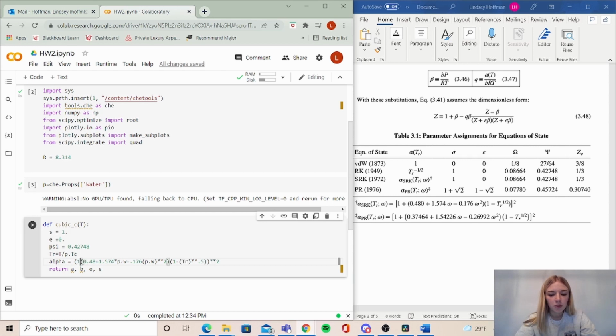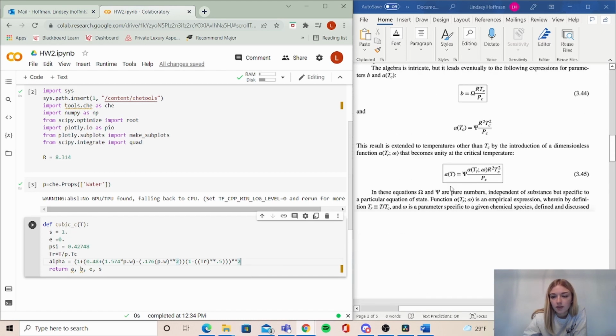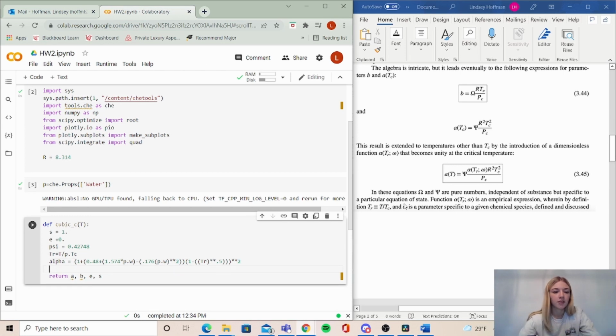All right, and then 1 plus. I think that should be good. Looks like we're ready to write the equation for A. So we can go ahead and do that.